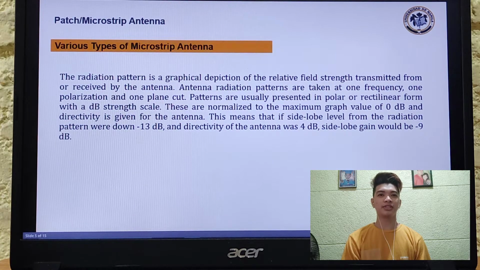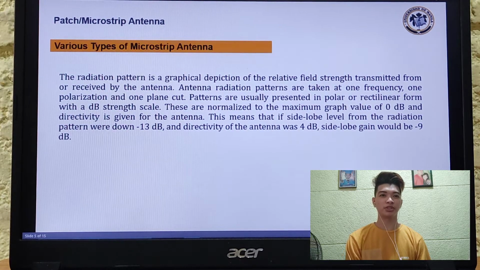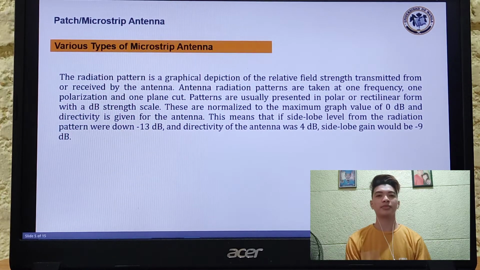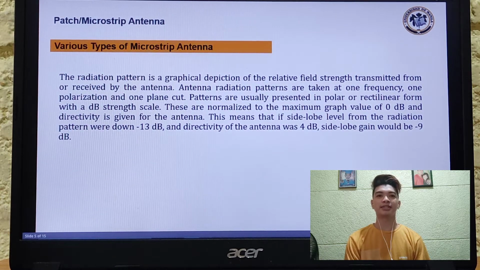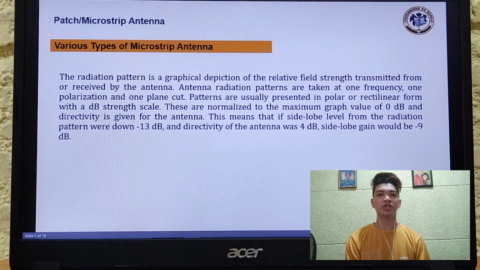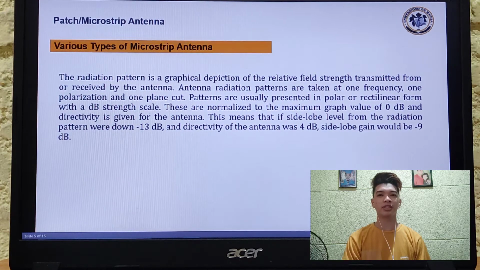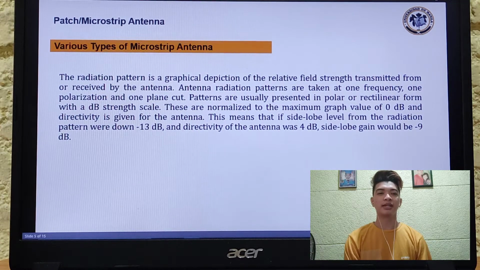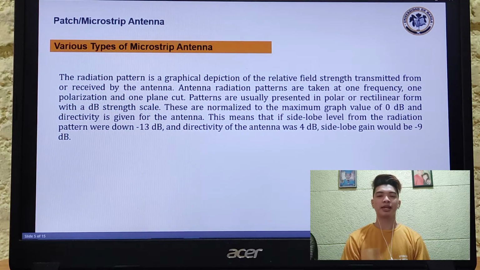These are normalized to the maximum gain value of 0 decibel and directivity is given for the antenna. This means that if its side lobe level from the radiation pattern were down to negative 13 decibel and directivity of the antenna was 4 decibel, the side lobe gain would be negative 9 decibel.